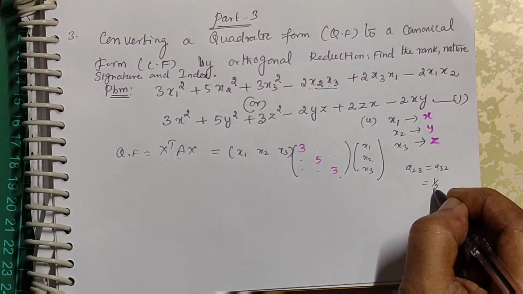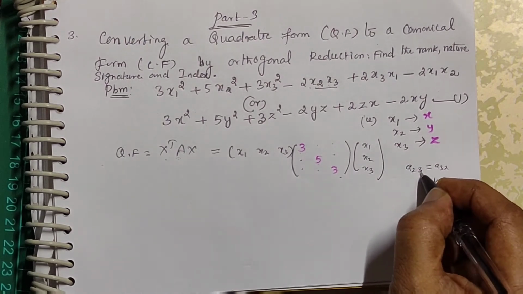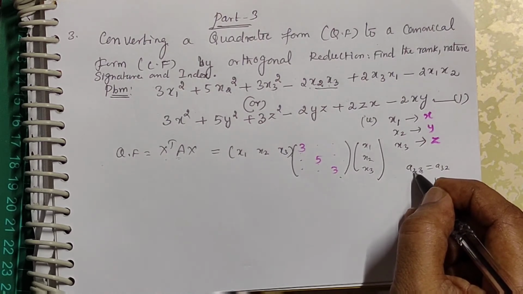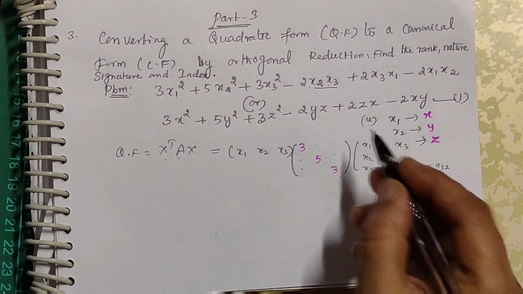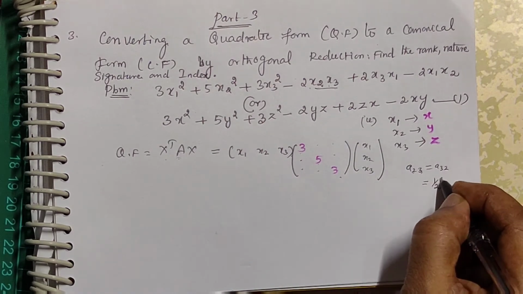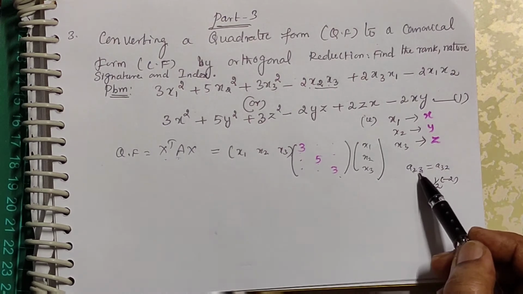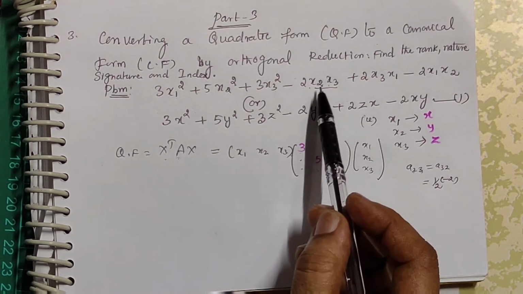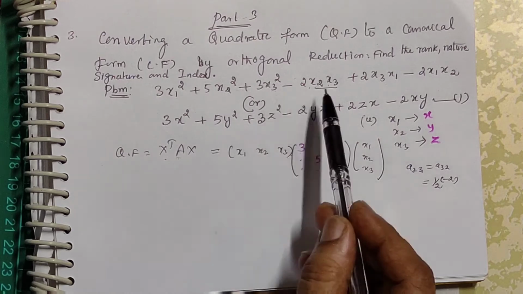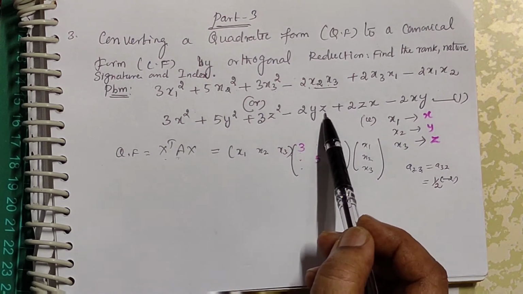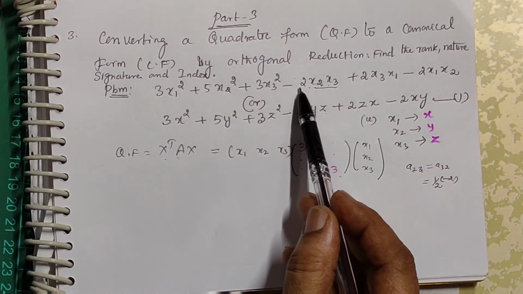Half of the coefficient of x2x3. After filling the diagonal, the next term is minus 2x2x3 or minus 2yz, so its coefficient is minus 2.